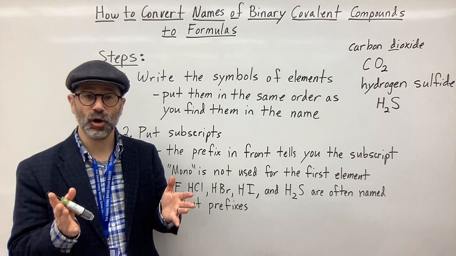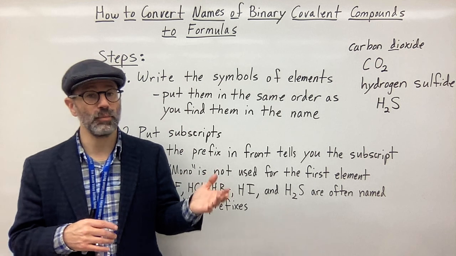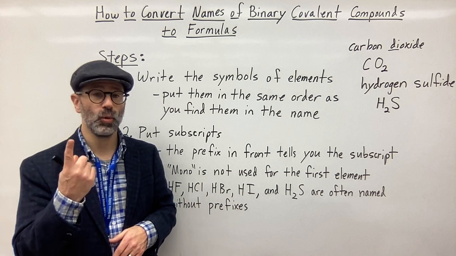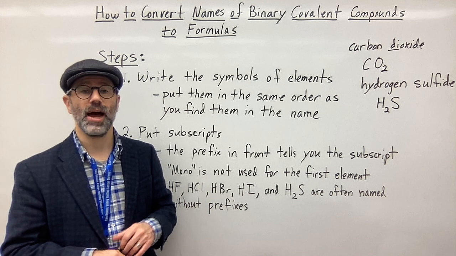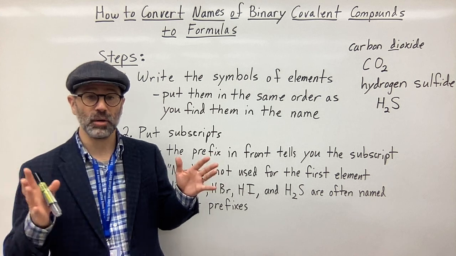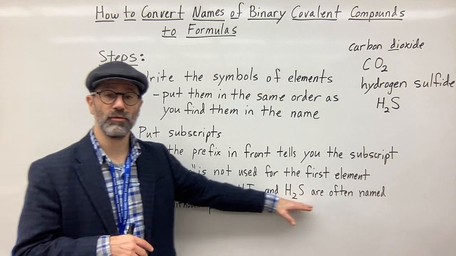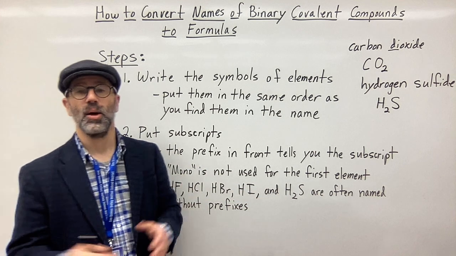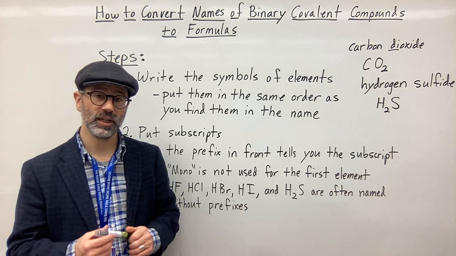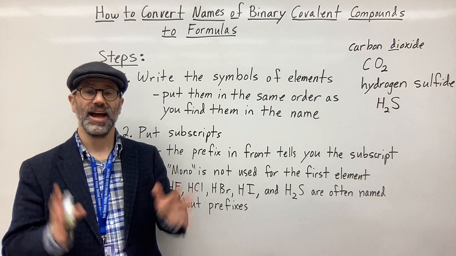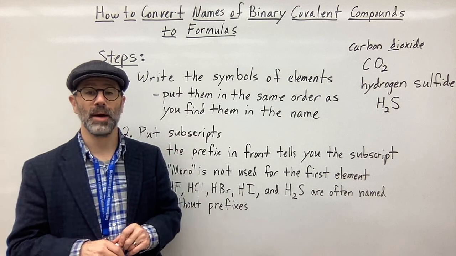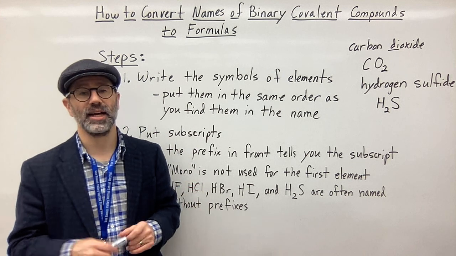We don't write mono for the first one. If you don't have prefixes for any of them, double check to make sure that you don't have one of these. If you do, then make sure you write the formula accordingly to balance charge as if it's an ionic compound, even though it's technically not an ionic compound.